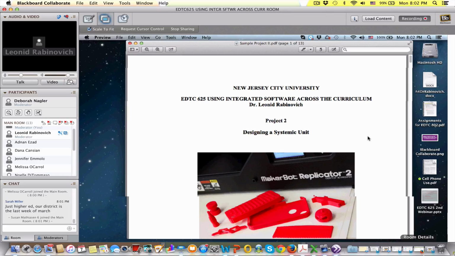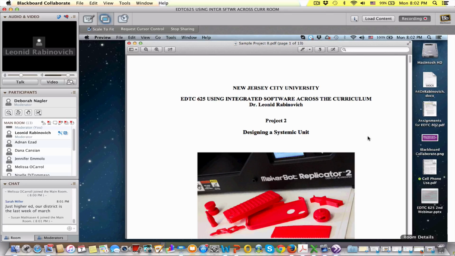I chose this one because a lot of you ask about 3D printing, and it's a very interesting and promising technology, and a lot of schools are already using it.